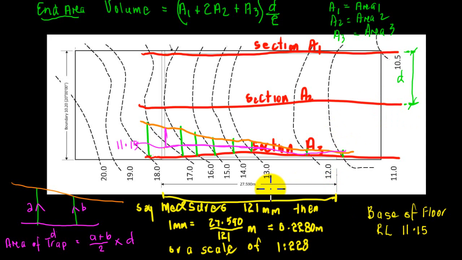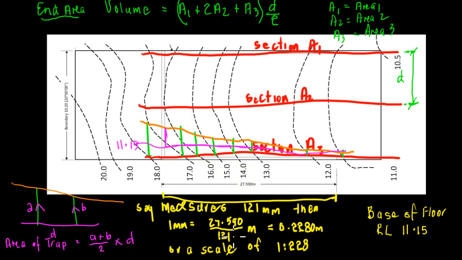The thing to do is to measure that in millimeters. So let's say it measures 121 millimeters. I'm just saying that, it could be anything. So therefore 1 millimeter is, we've got 27.590 meters.